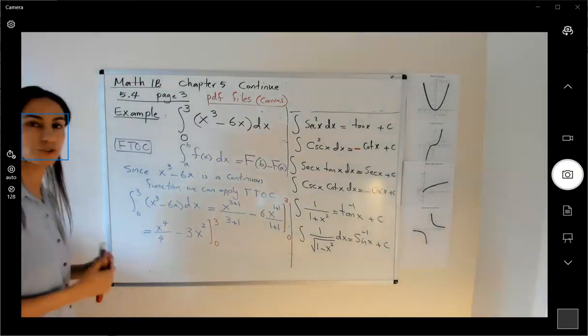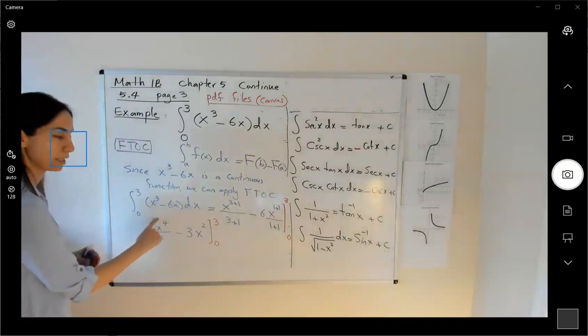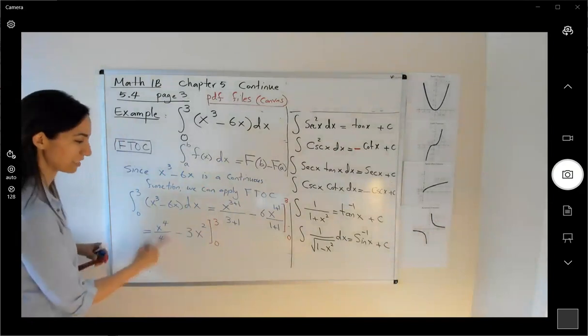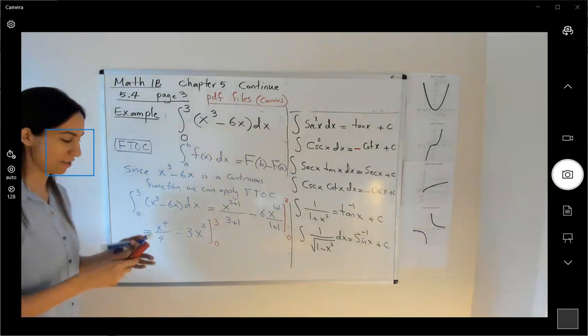So what are we going to do? We're going to plug in 3, then we're going to plug in 0 and find the difference.